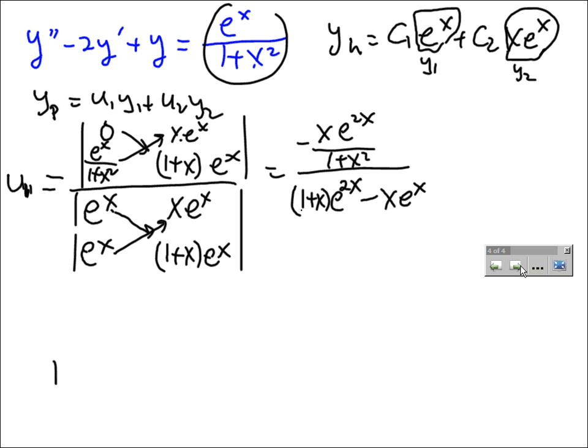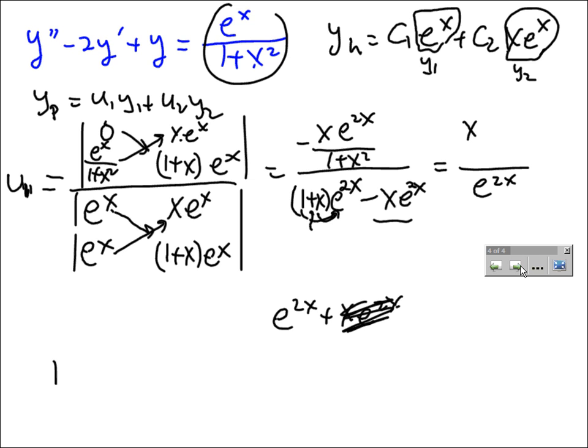Well, let's look at this bottom closely. You have 1 times e to the 2x, and then plus x times e to the 2x, and then take away x e to the 2x. So the bottom is just e to the 2x.